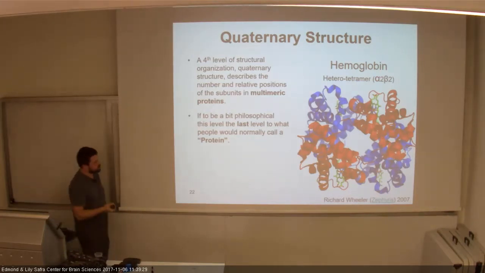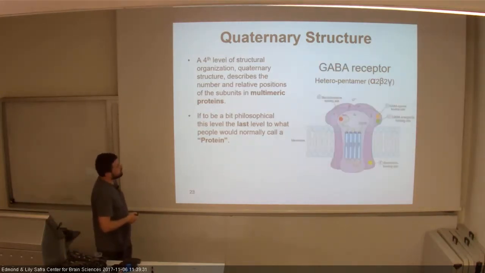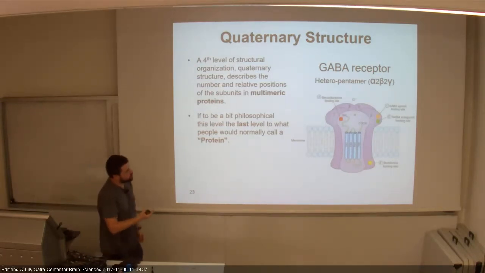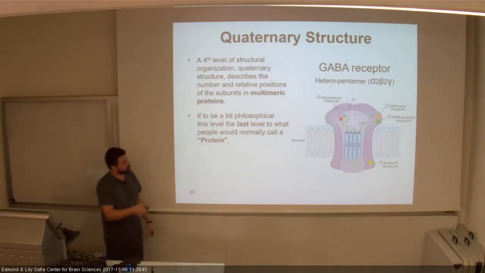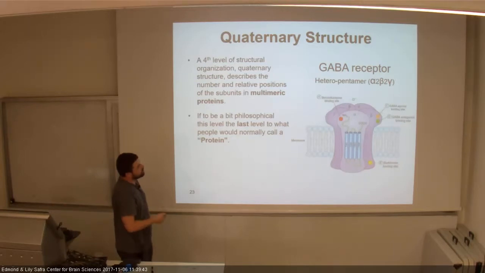If they were all the same, we would say it's a homotetramer, meaning all of them are made of the same subunits. In the context of neuroscience, it's very common; almost all the receptors you're going to learn about have this structure, more or less. This is just an example of the GABA receptor. The GABA receptor is a heteropentamer. It has 2 alpha subunits, 2 beta subunits, and 1 gamma subunit.